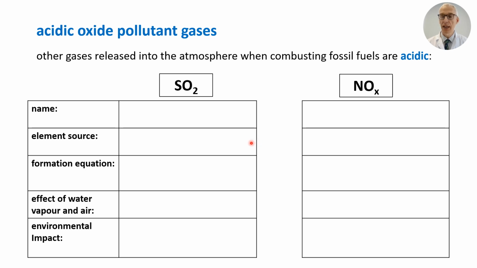Where does the element sulfur come from? What is the equation for the formation of SO2? What's the effect of water vapor and air on SO2? And what is the environmental impact? Pause. Try and complete as much of this table about SO2 as possible.